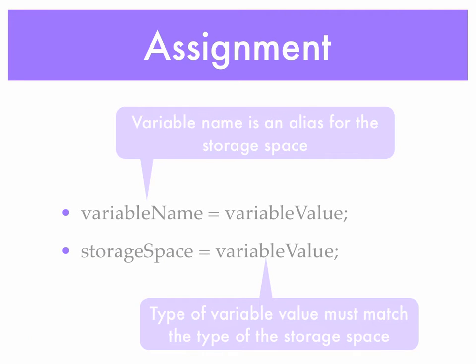When I store a value into a space, it must be of a type that's appropriate for that storage space. We look in the lecture notes at how Java will allow us to accommodate different types into different storage spaces, and we'll look at that in a while.